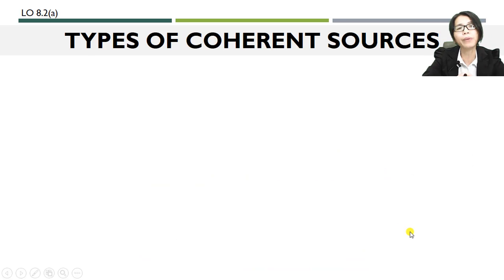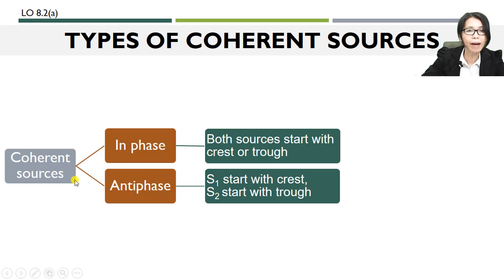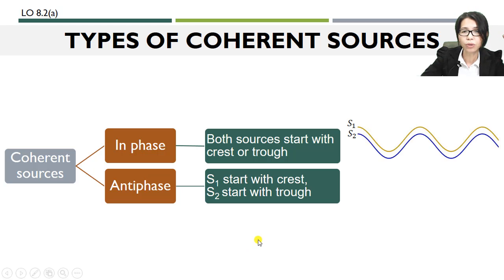So basically, we have two types of coherent sources. We might have an in-phase coherent source or an anti-phase coherent source. How do I distinguish in-phase and anti-phase coherent sources? Maybe we show it with this figure. A coherent source is considered in phase if both have the same starting point.